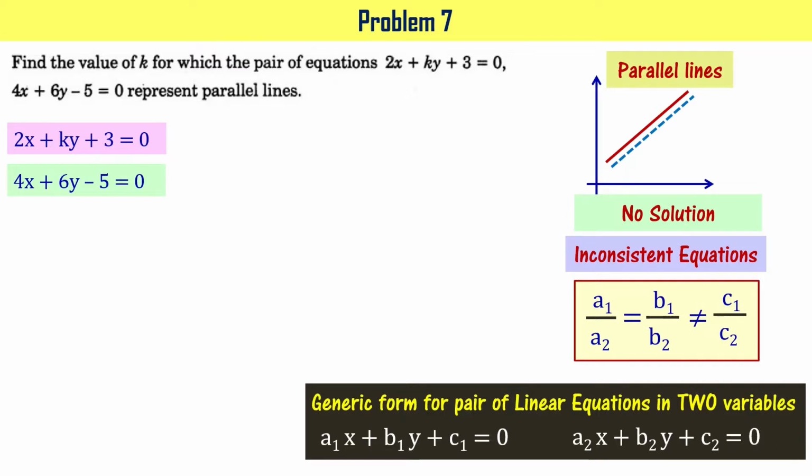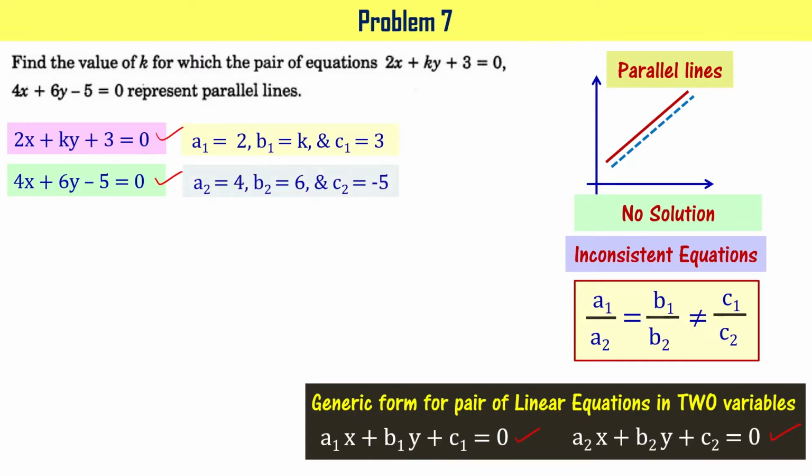Comparing the first equation, a1 equal to 2, b1 equal to k and c1 equal to 3. Comparing the second equation, a2 equal to 4, b2 equal to 6 and c2 equal to minus 5, right?